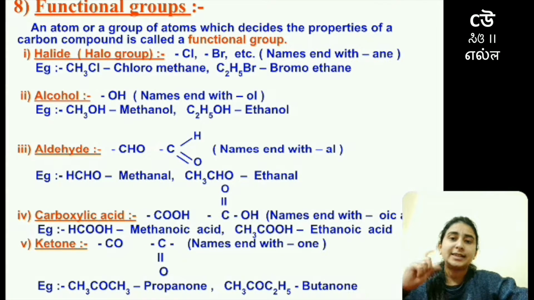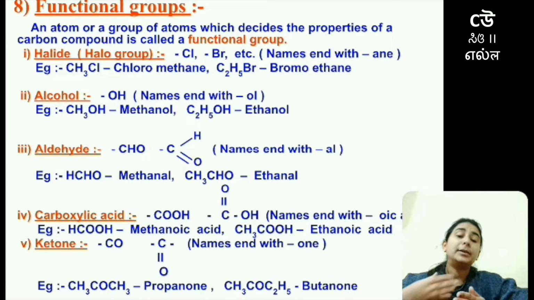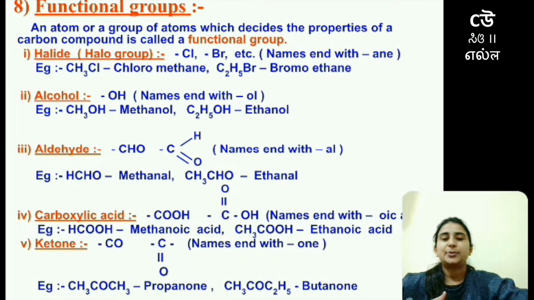So since CO है, very obvious, the name is going to end with one, and then how many carbon atoms are there? 1, 2 and 3. Therefore, we'll name it as propanone. So depending upon which functional group is there and how many number of carbon as well as hydrogen atoms are there, we name such carbon compounds.